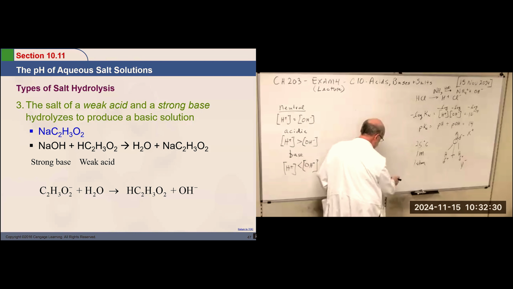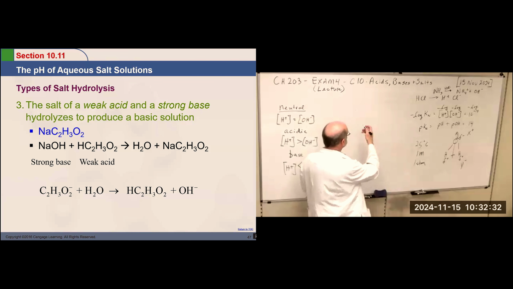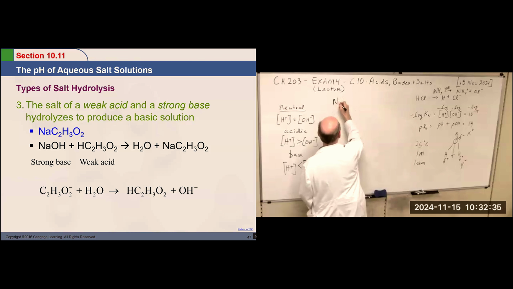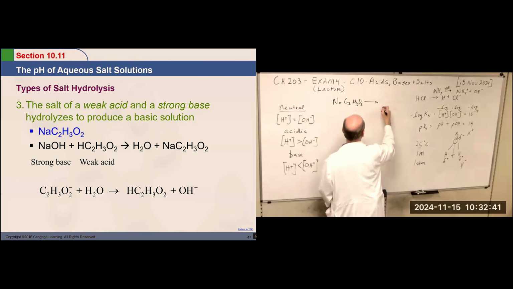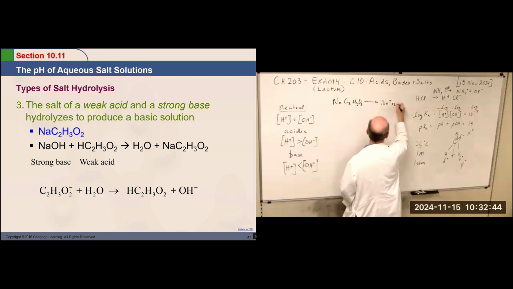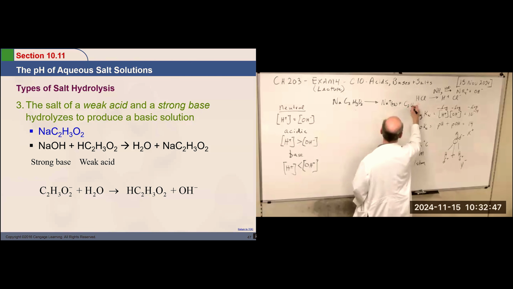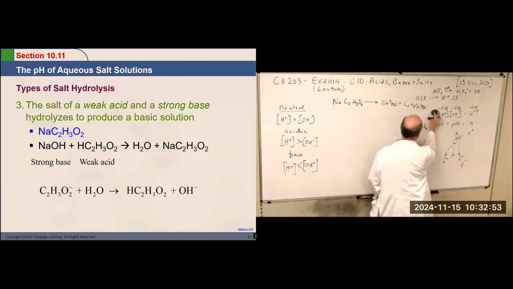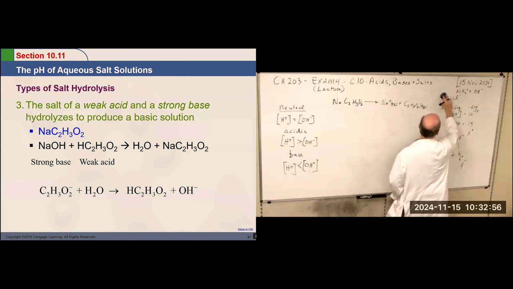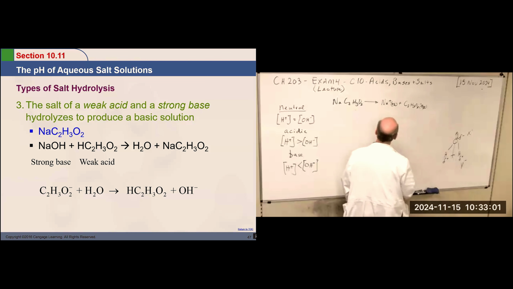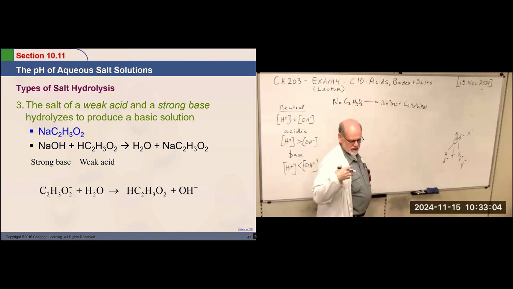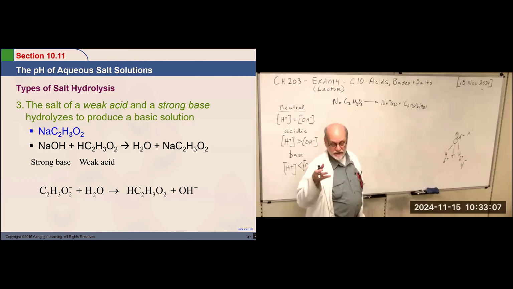The chemistry behind this is when you put these in solution, say you have sodium acetate, C2H3O2, and put it in solution, and you get sodium ions and acetate ions. So don't get confused here. Now they're in solution. So what is in the solution for them to react with, if anything?